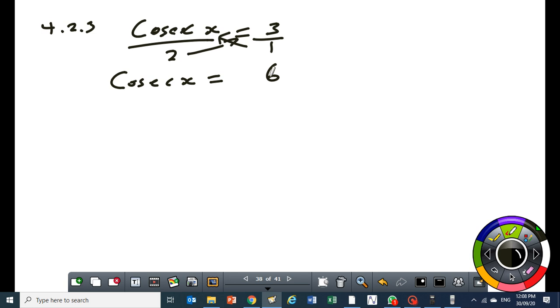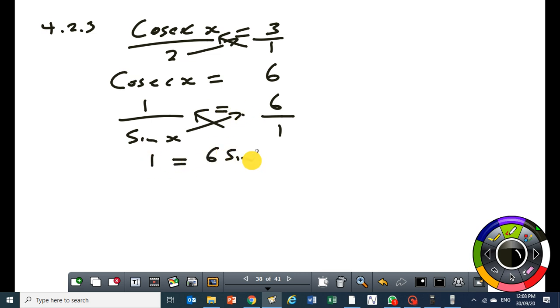Then this cosec x, you can now write it as 1 over sine x. That's equal to 6 over 1. Then you can also cross multiply again. You get 1 equal to 6 sine x.